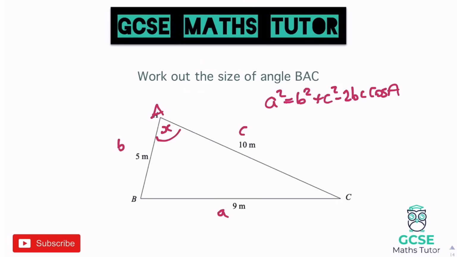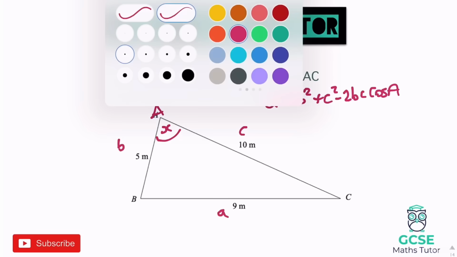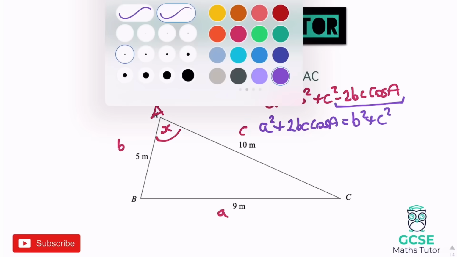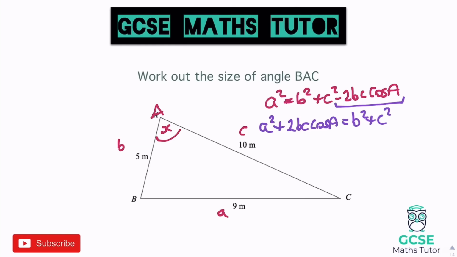So in order to do that, I'm going to get this whole minus 2bc cos A and add it to the other side. So we get a squared plus 2bc cos A equals b squared plus c squared. Now I can get rid of that a squared, so we can minus a squared from both sides, and you get 2bc cos A equals b squared plus c squared minus a squared.